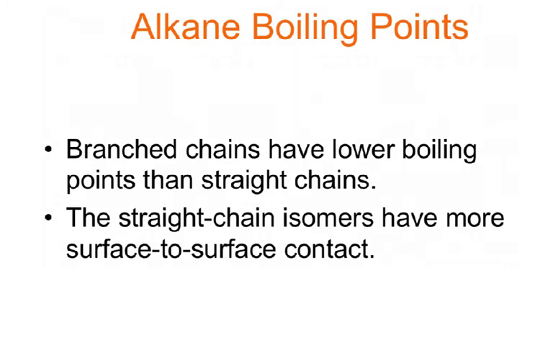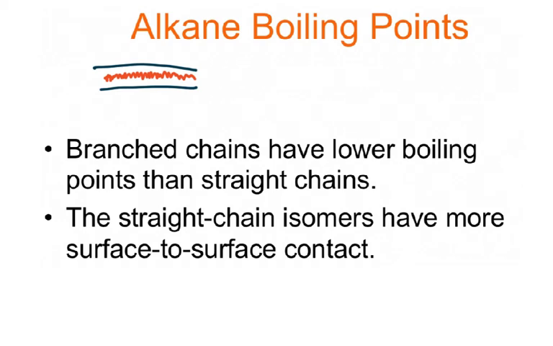So let's go back to something we mentioned earlier, comparing branched versus straight chain hydrocarbons or isomers. If you think about it, you have two straight chains. There's more contact between them, more surface to surface contact.